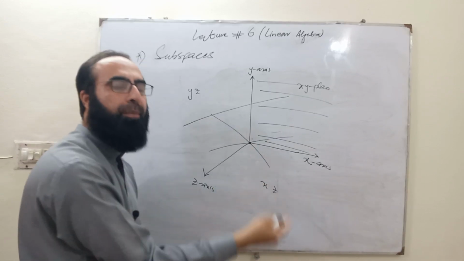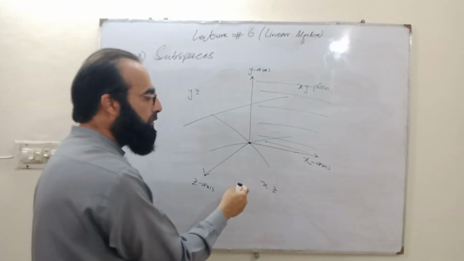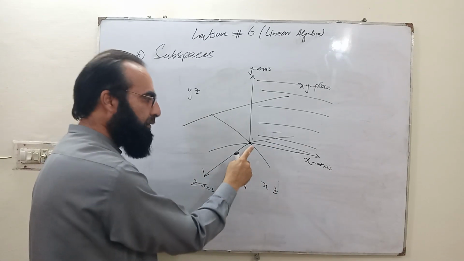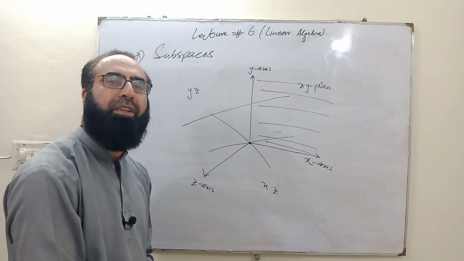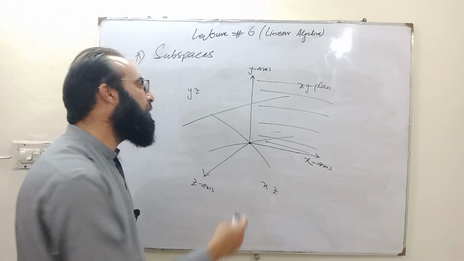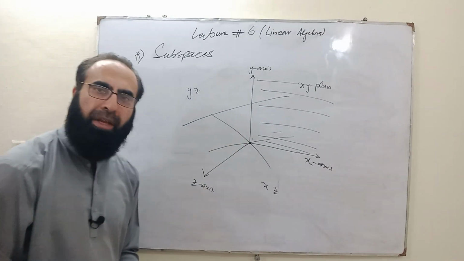All these are subsets of xyz space, and all these subsets pass through the origin and satisfy the addition and scalar multiplication properties. So these planes are subspaces for xyz space.